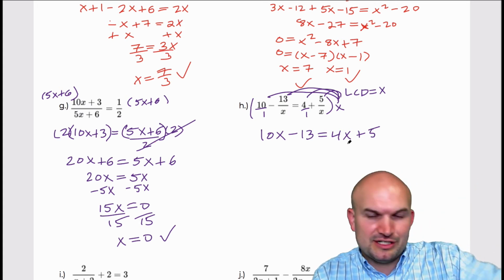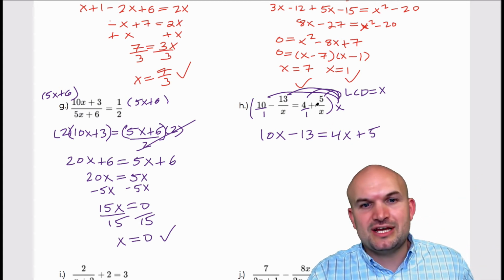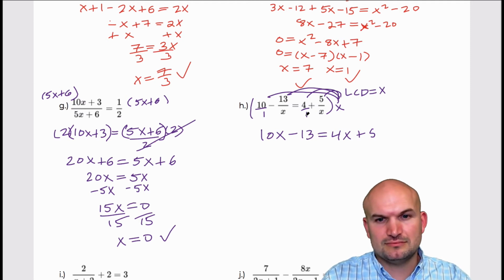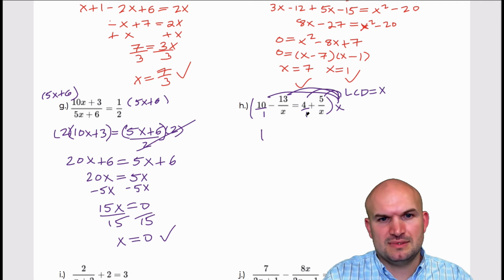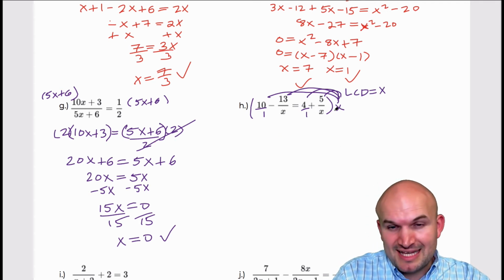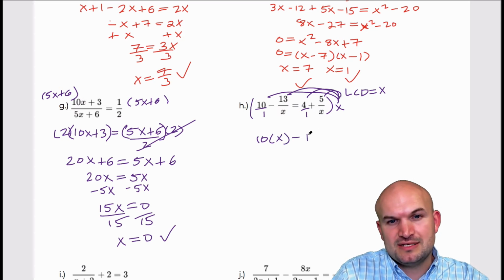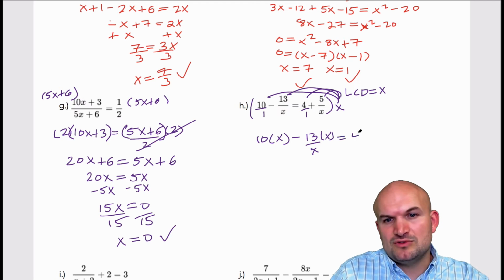So hopefully I don't need to show my work in each case. But again, if you wanted to, this one's not as bad. Let's just do it one more time. So again, you're multiplying the x, your LCD, times everything. So that's 10 times x minus 13 over x times x equals 4 times x plus 5 over x times x.